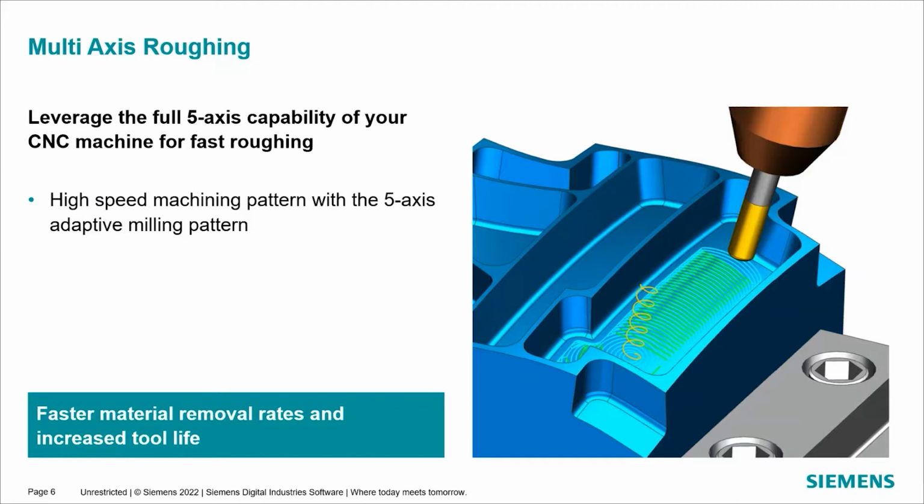What this will give you is a smaller chip thickness, and you can increase the feed rates because of that. So this will result in a light, fast cutting action and will enable more aggressive cutting. And like I said, generate up to about 60% reduction in cycle times.